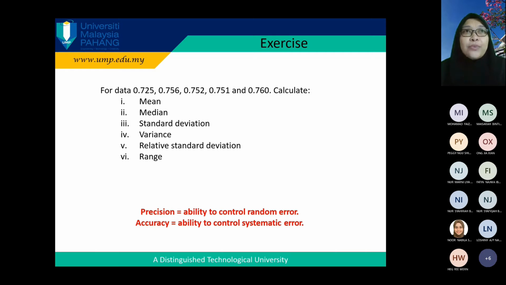Okay, your test will cover chapter 6 until 10. So for this one, it will be covered in final exam. So the equation will be given. You just insert all the data into the equation and get the mean, median, standard deviation, variance, relative standard deviation, and range.